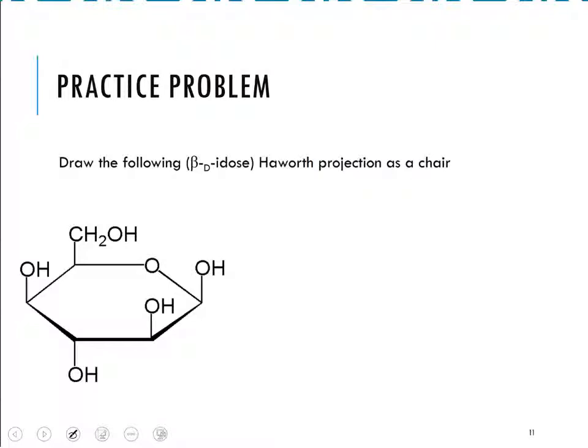So let's draw this. We're going to draw beta D idose as a chair. We have it drawn as a Haworth projection here. So we're going to take this carbon and have it point up, and this carbon and have it point down. Hopefully my drawing here will be okay.